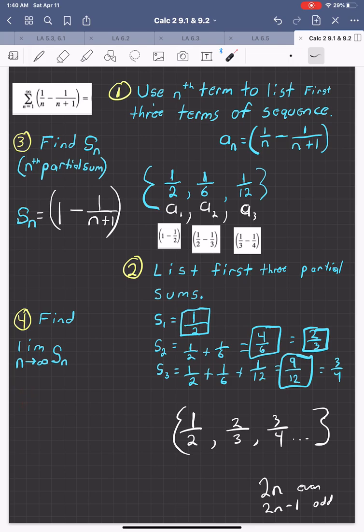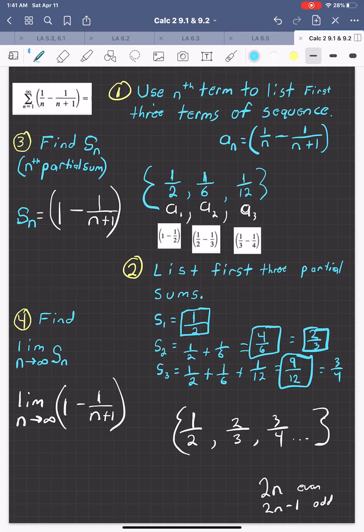All right. But the goal of that was such that I could take the limit. So let's go ahead and take the limit of that nth partial sum, and let's see if anything interesting happens. I'm not going to go through it, it's fairly easy to do.